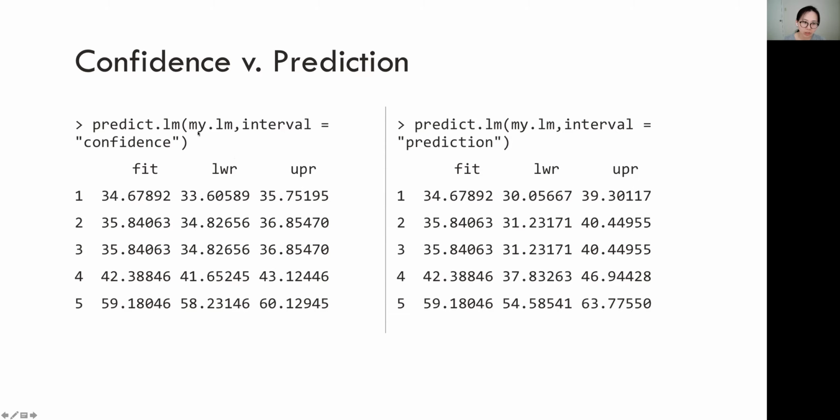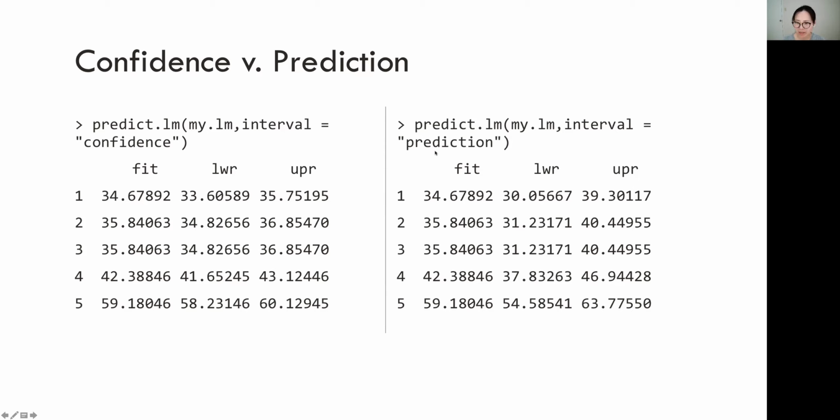So this is the confidence interval. You see here, I specified confidence. You get the confidence interval for the first five data points. So this is your predicted value or fitted value. And this is the lower bound of the intervals. And this is the upper bound of the intervals.